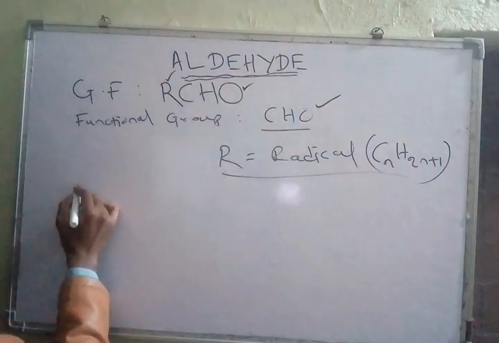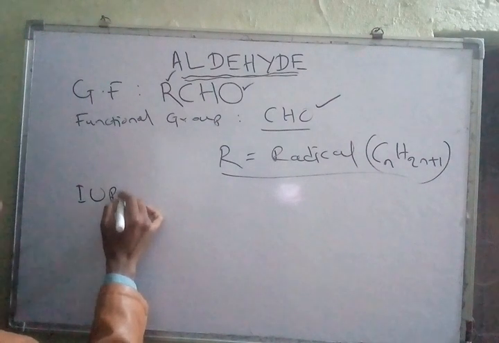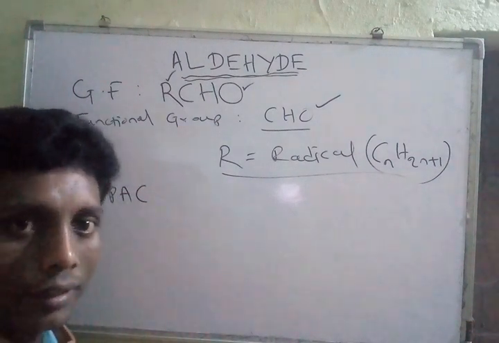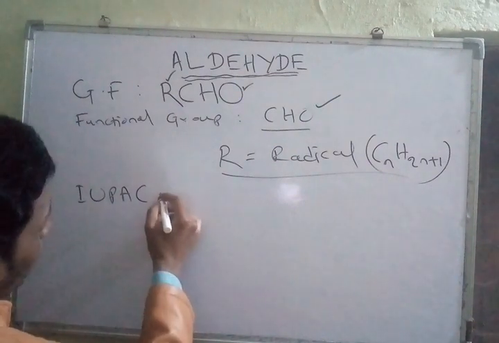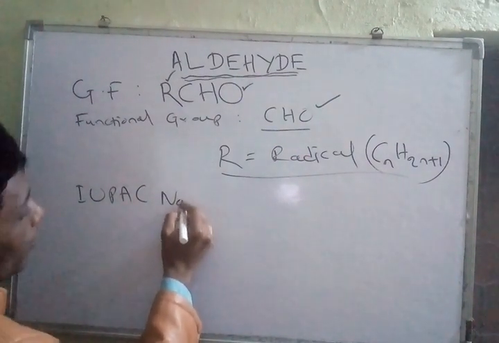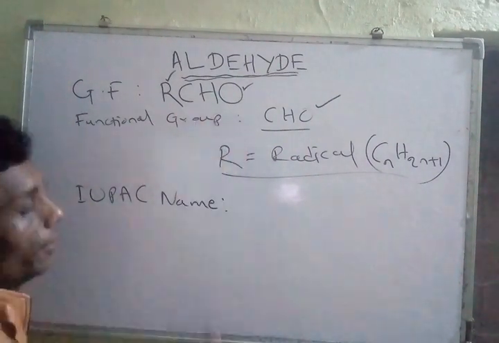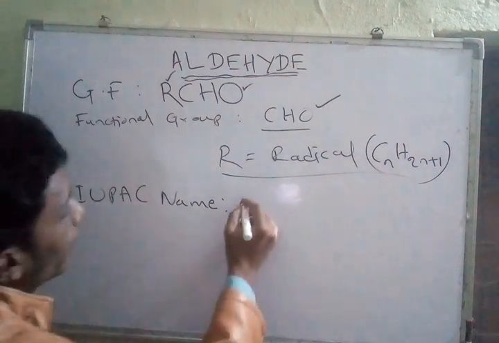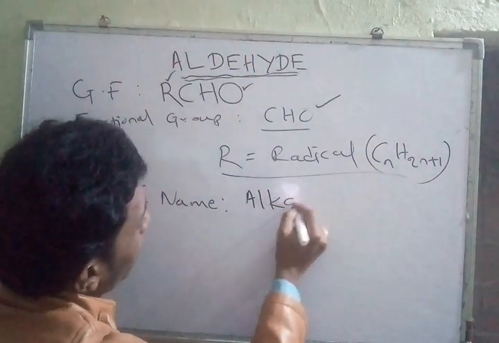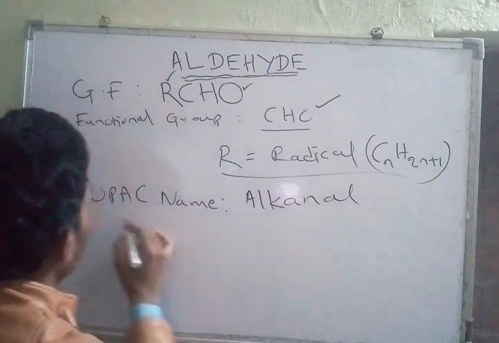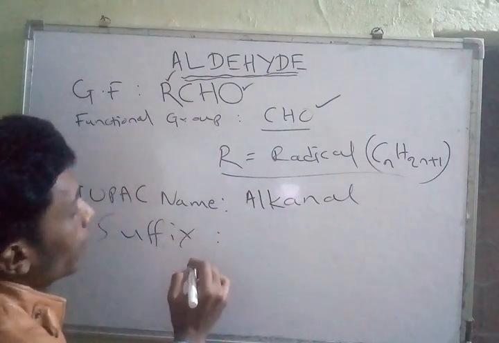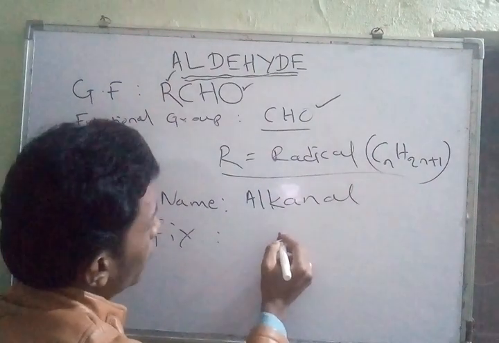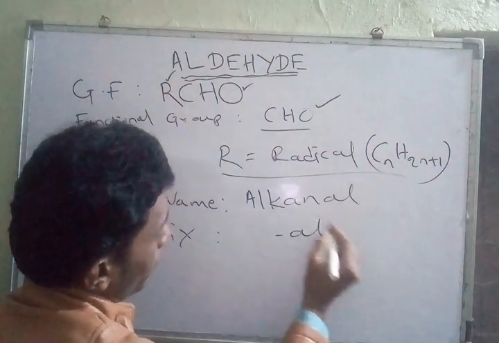The IUPAC, the International Union of Pure and Applied Chemistry, has given a name for the aldehyde compounds, and that is alkanal. That is why the suffix we use for this group, aldehyde, is al.